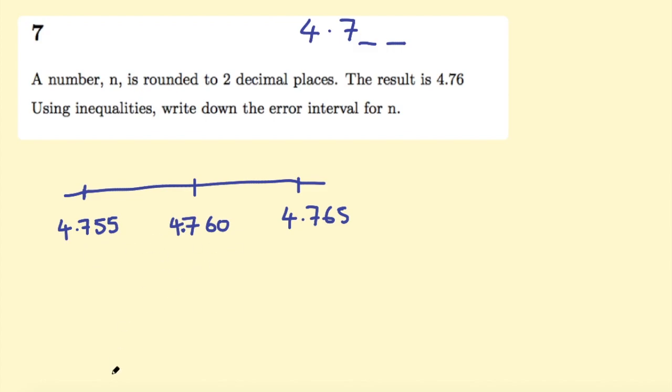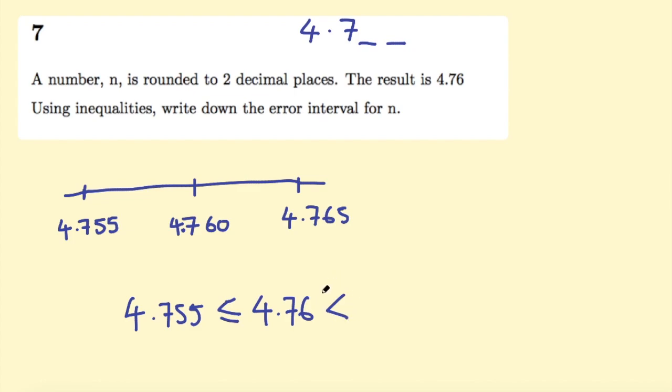So our error interval starts at 4.755, and my inequality here will be greater than or equal to, because the number could have equaled 4.755 and it would still round to 4.760.